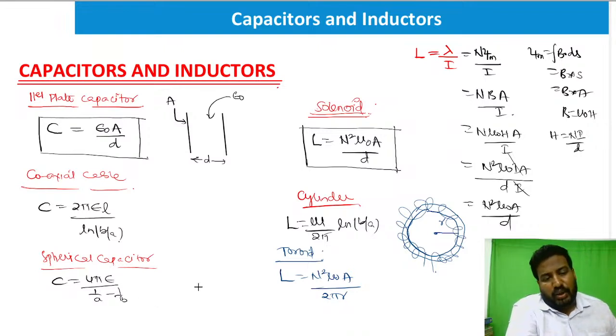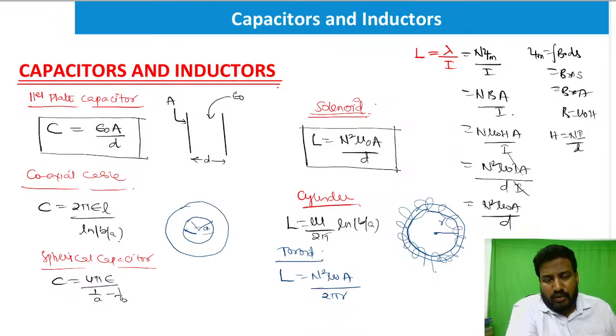Similarly, if you consider an isolated sphere, the outer sphere goes to infinity. As you know, the inner sphere has radius A and the outer sphere has radius B. Outer sphere going to infinity means B tends to infinity. Then this inner sphere is called an isolated sphere, a special case.